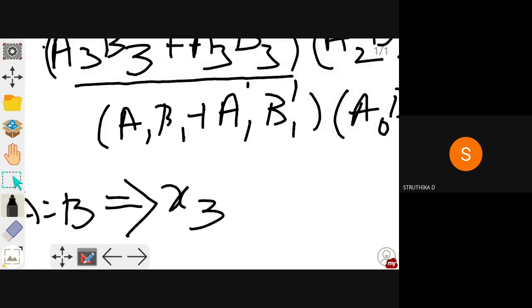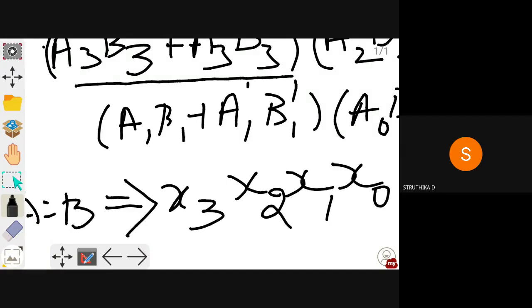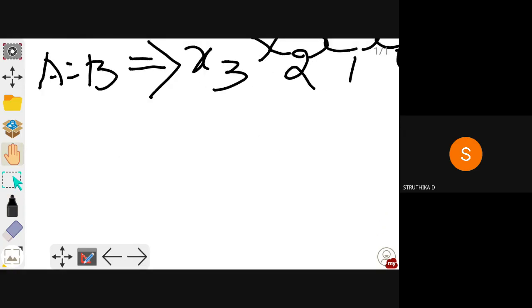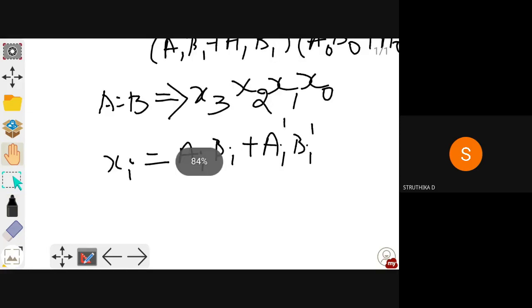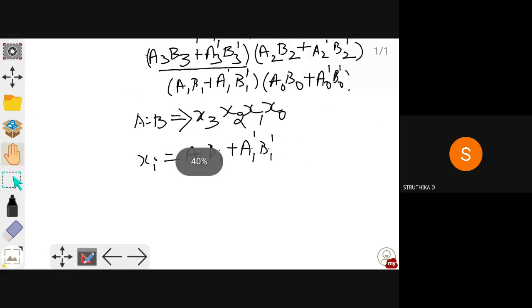And next I am replacing a second variable x2, and next as x1, and next as x naught, where xi represents ai bi plus ai dash bi dash. So this is the condition for a is equal to b.